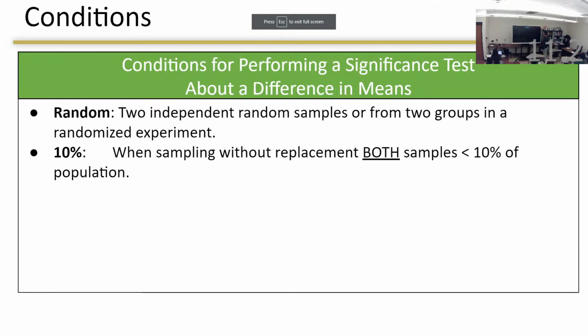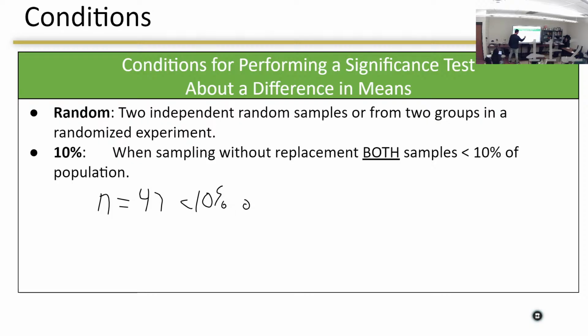I typically just write n equals whatever it equals, 47, which is less than 10% of all. Something like that. You don't have to write the word population, but just make sure. 10% check doesn't do it.